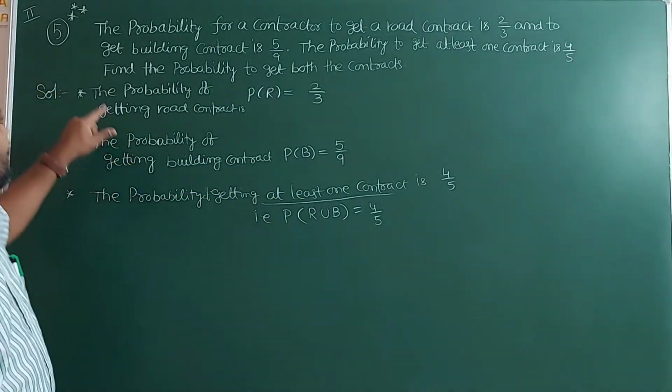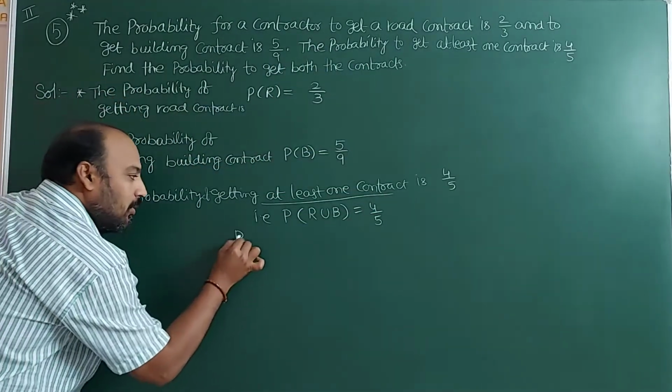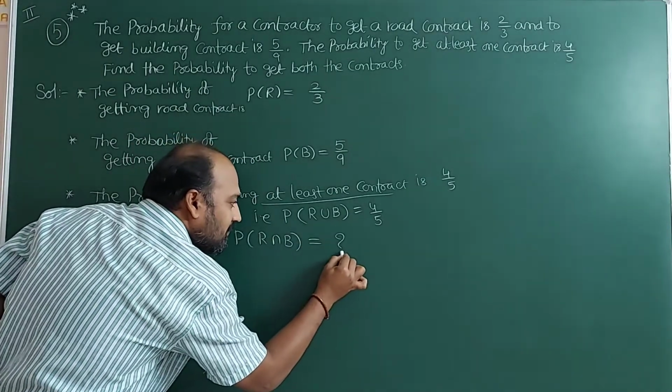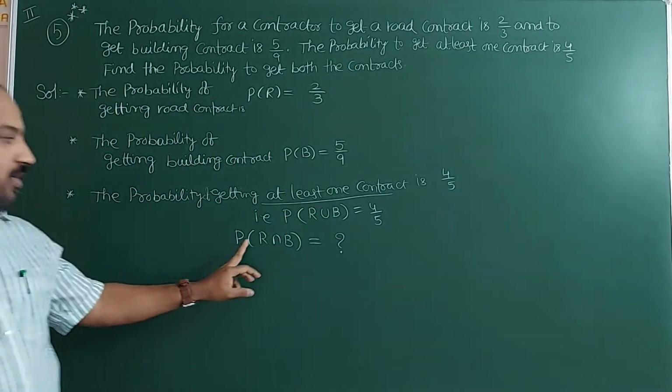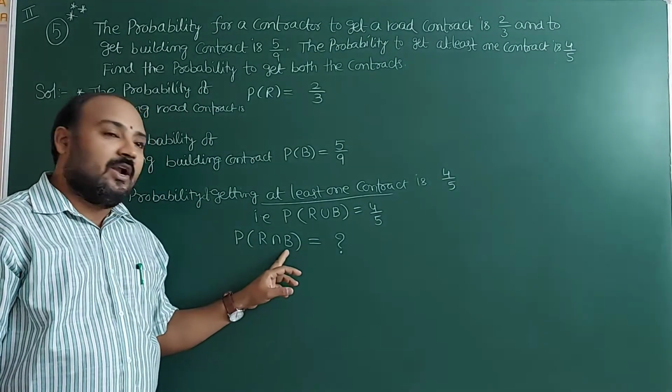So what are they asking? Find the probability to get both the contracts. P of R intersection B is required, the probability of road contract and building contract.